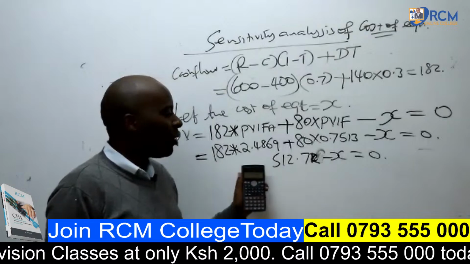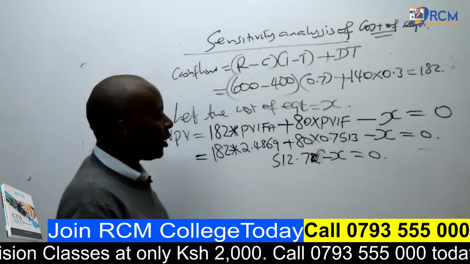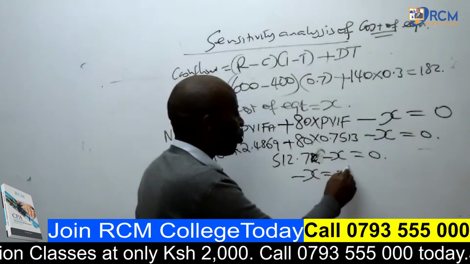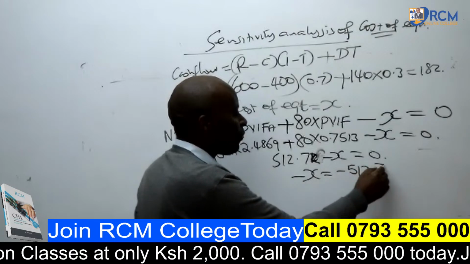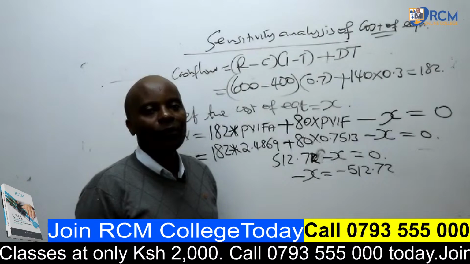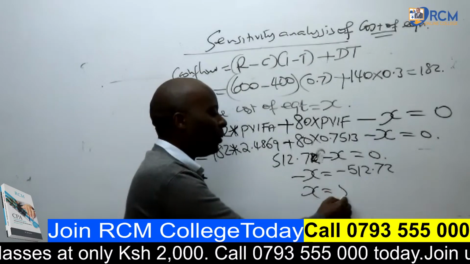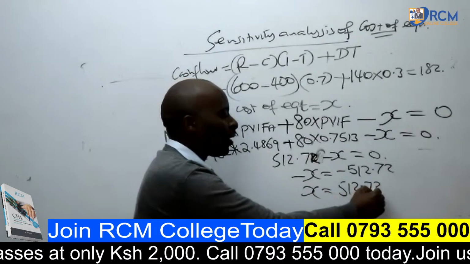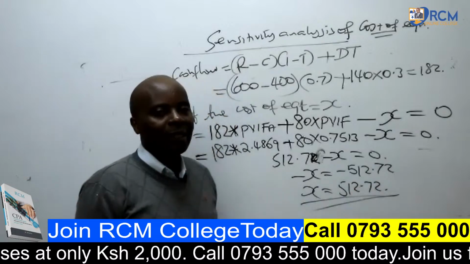So you have to take this to the other side. So it will be minus X equals minus 512.72. Meaning, ladies and gentlemen, that our X will be equal to 512.72, a figure that you must underline.